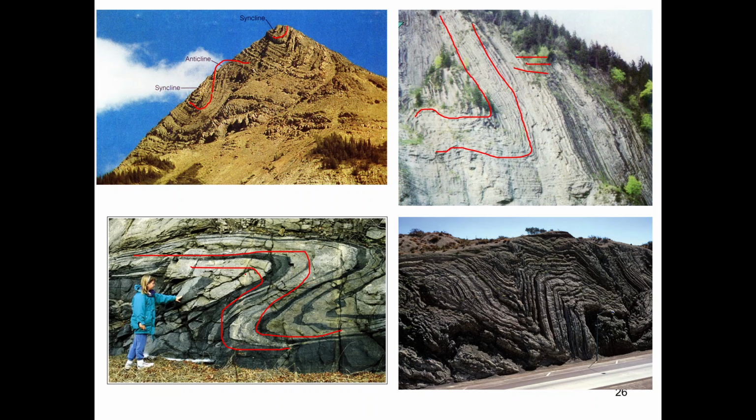This is ductile. The behavior of a fold is ductile behavior. A joint is brittle, and a fracture or fault is also brittle. A fold normally shows ductile behavior in its formation.